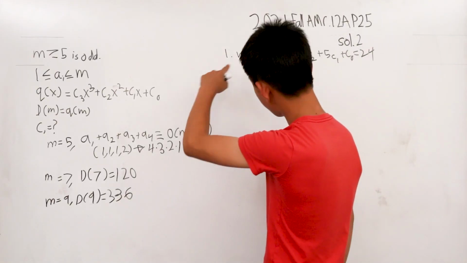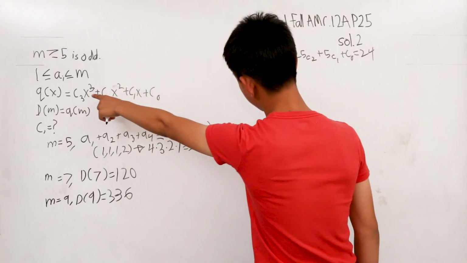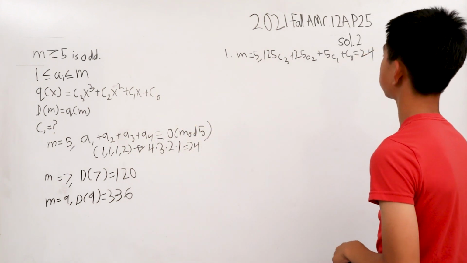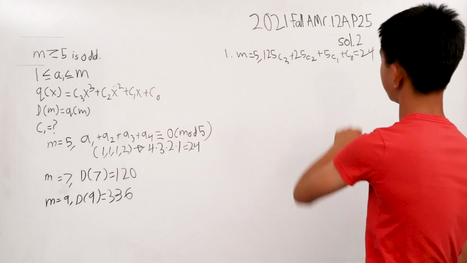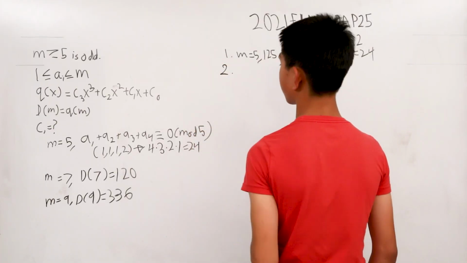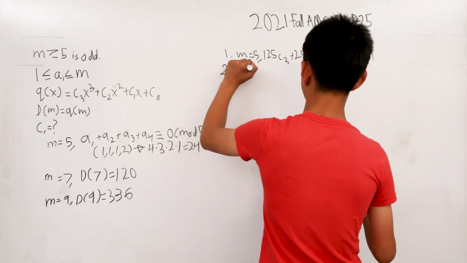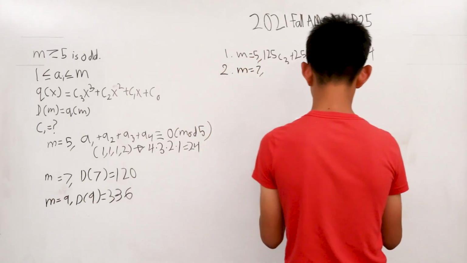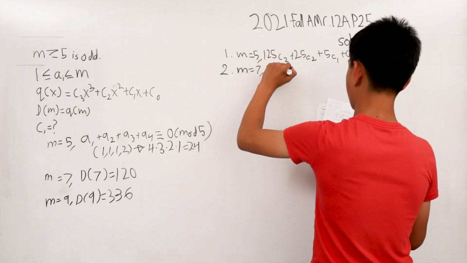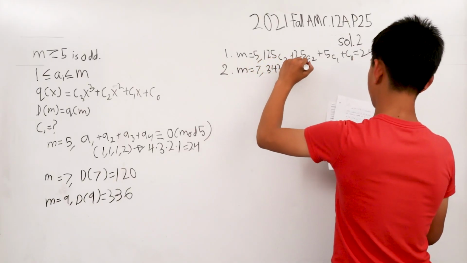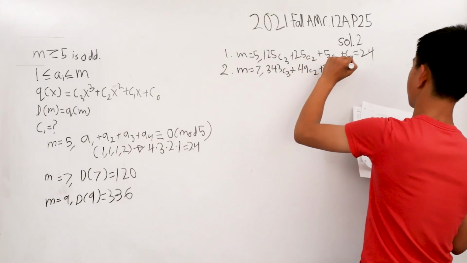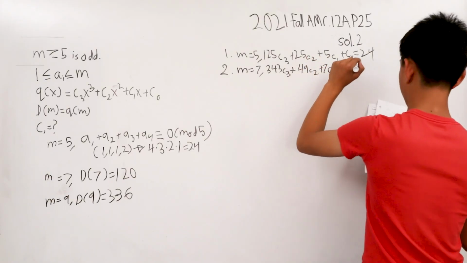When you plug in 5 for x, x cubed is 125, x squared is 25, and this is just 5 and 0. That's 24. You can then do it again with the 7s. When m is 7, this is just the cube of 7, 343 C3 plus 49 C2 plus 7 C1 plus C naught is 120.